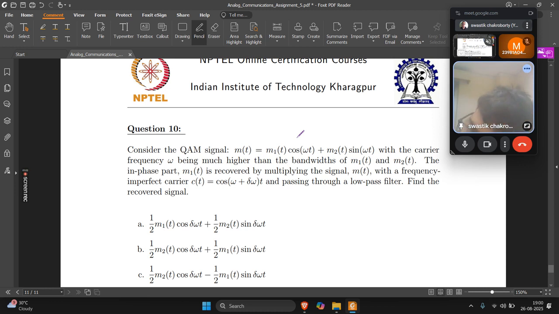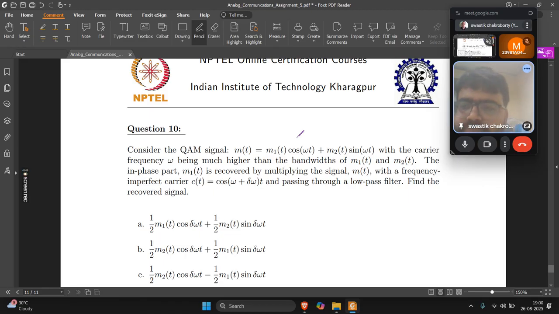Now the in phase part, that is m1, is recovered by multiplying the signal m(t) with the frequency imperfect carrier c(t) equal to cos of (omega plus delta omega) t. Now how do we get a frequency imperfect carrier? Because at the receiver end we try to estimate or predict what the carrier frequency of the incoming signal is, and based on that we generate the carrier frequency in a local oscillator.